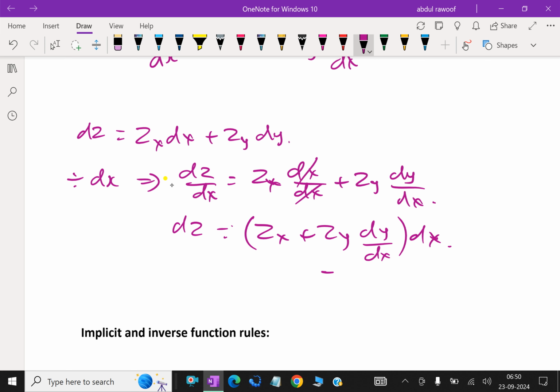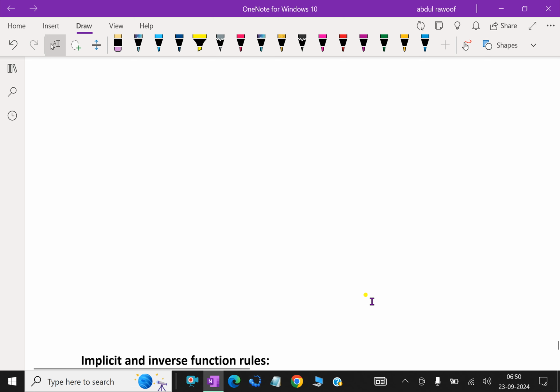Next one, implicit and inverse function rule. We'll do an example problem. For example, z is f of x comma y, which is equal to 6x cubed plus 7y.